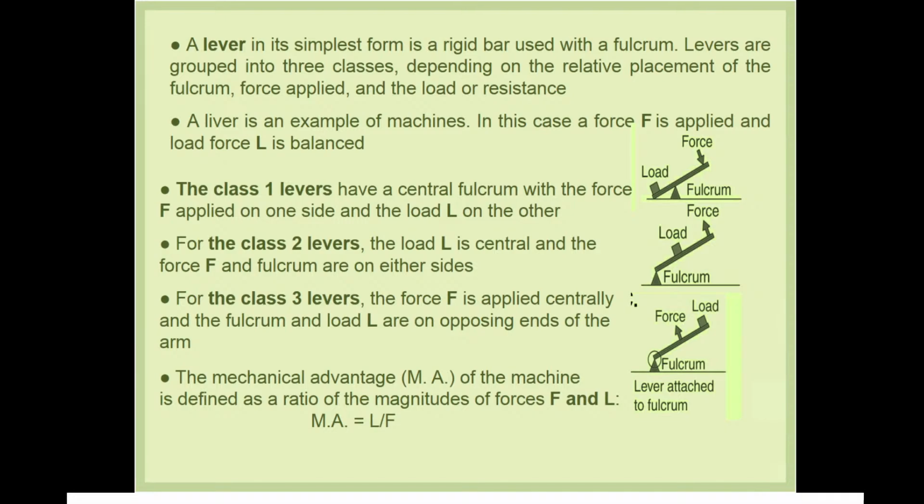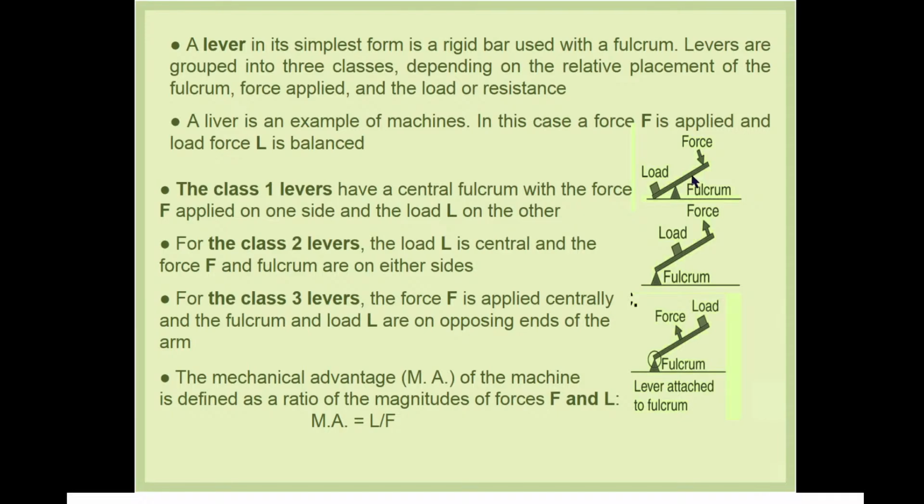What is that condition? You can see that the rigid body is supported, and around this point of support, or axis that is crossing this point of support, this rigid body can rotate.